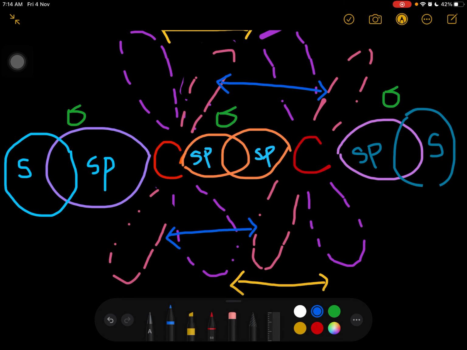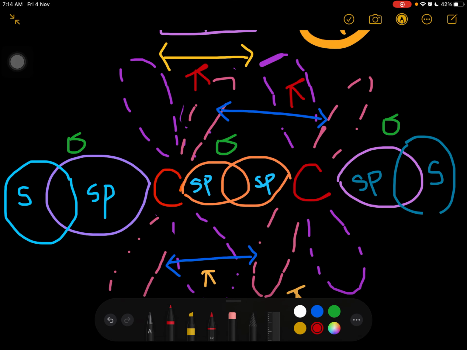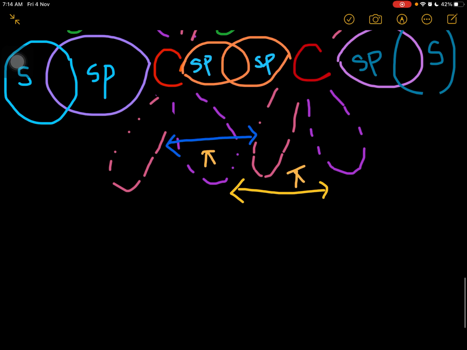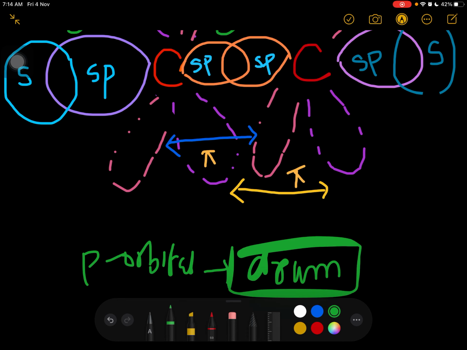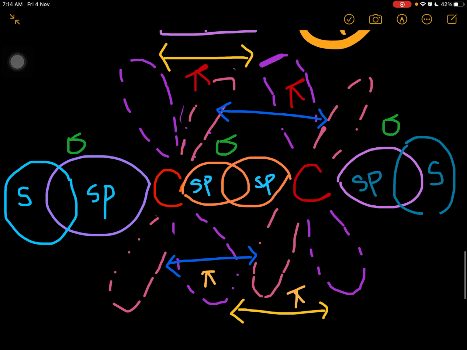Here the bonds formed will be pi bonds, and over here also a pi bond will be there. So you can easily imagine. The thing to remember is that these p orbitals will form the structure of a drum. You can easily imagine this.